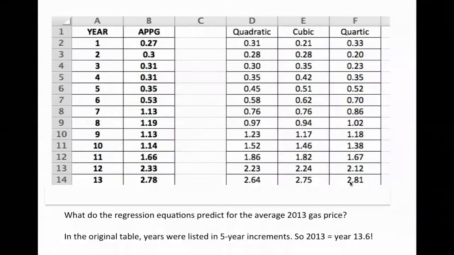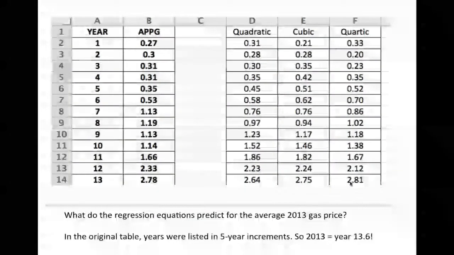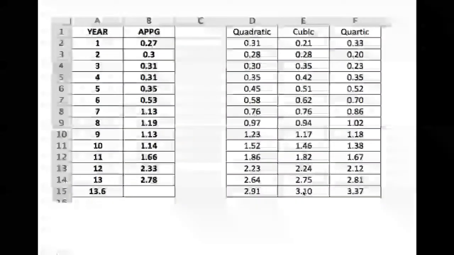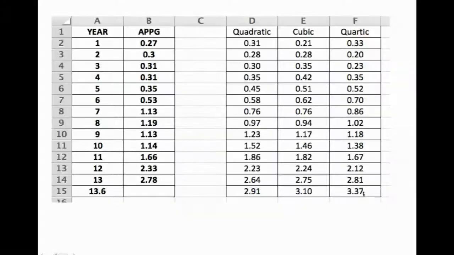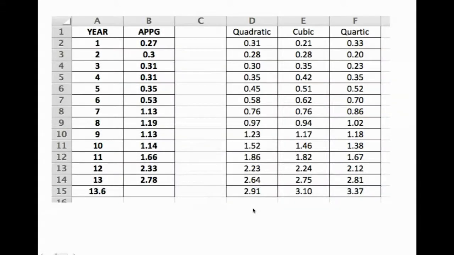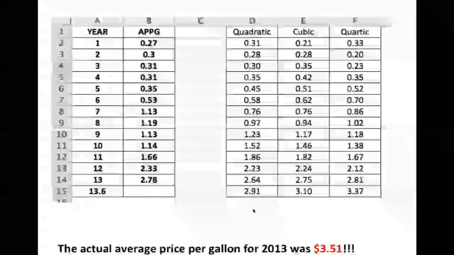So the year 2013 is year 13.6. Here's what I'm going to do. I'm going to put 13.6 in for the year, and now calculate using the quadratic, calculate using the cubic, calculate using the quartic, and that's what I get. Okay? So the actual price for that year, by the way, was $3.51.